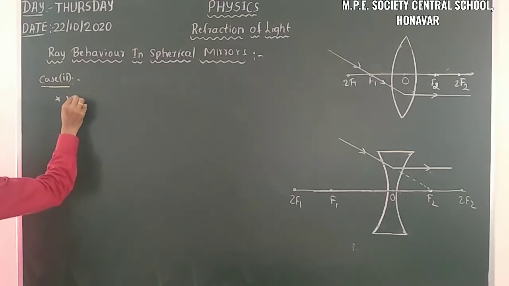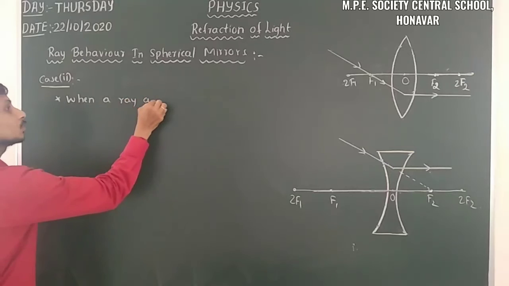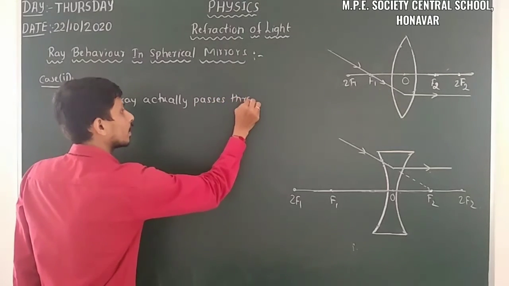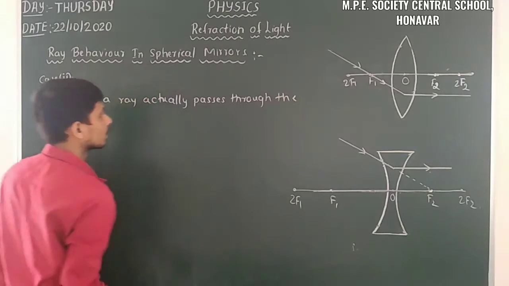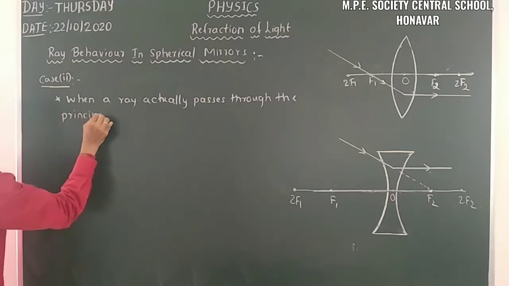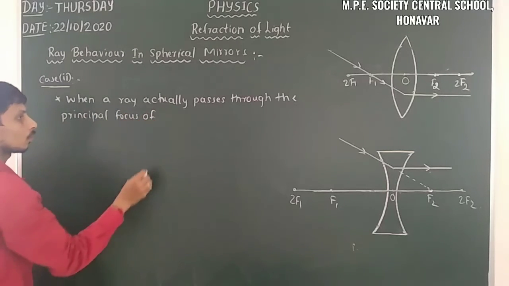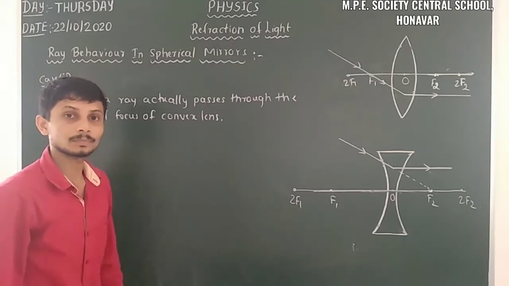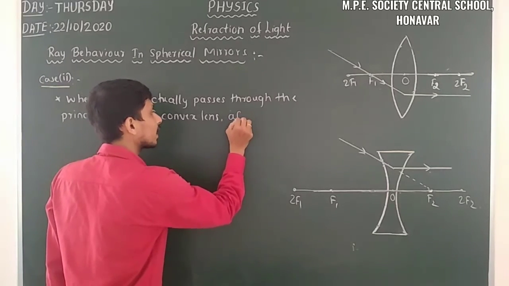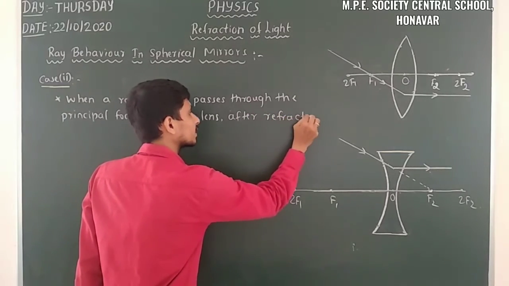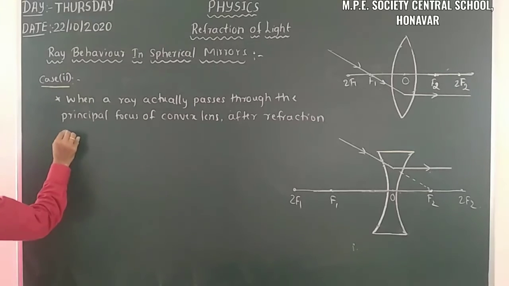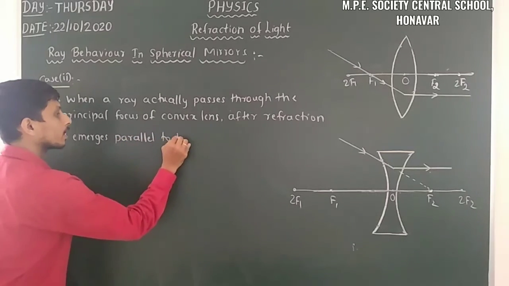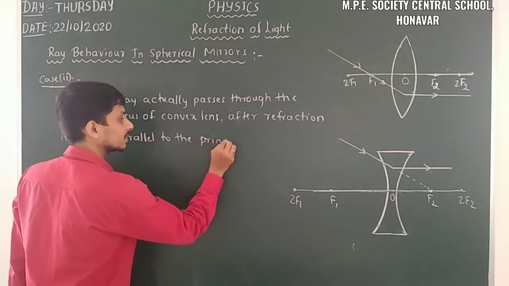When a ray passes through the principal focus of the convex lens, after refraction it emerges parallel to the principal axis.